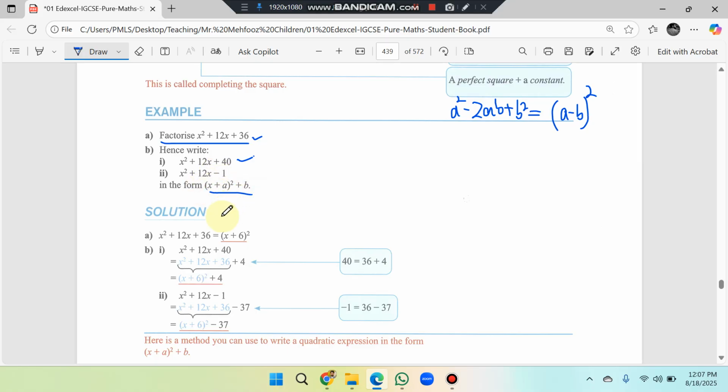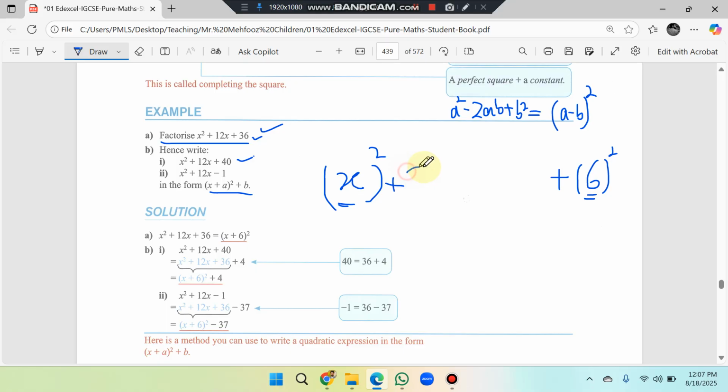Okay, so first of all, according to the previous knowledge, we can write the first term as x whole square, and this 36 can be written as 6 whole square. So this is your first term x, and this is your last term, that is 6.